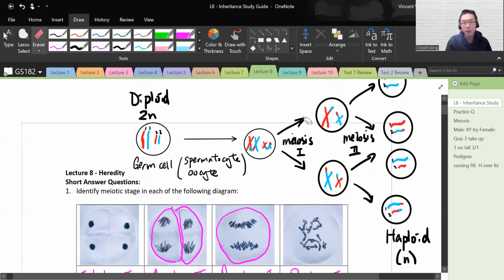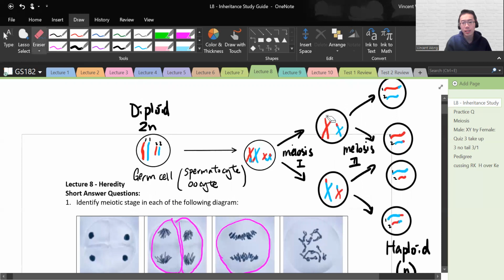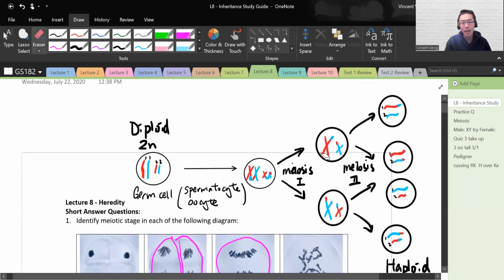But what about after meiosis 1? Let's take a look here. How many chromosomes do you see in this cell? Can someone please tell me? 2. That's right, 2 chromosomes. There's 1 chromosome here, and then another chromosome here. This whole thing, because they're stuck together, we only count as 1. So that's chromosome 1.